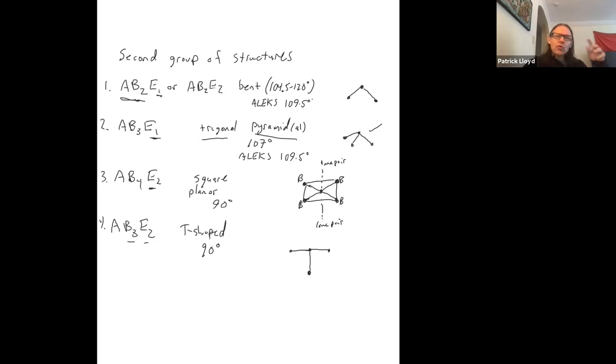If it's AB4, again, it could be tetrahedral, or it could be square planar. If it's got 2 lone pairs, then it's square planar. If it doesn't have any lone pairs, it's tetrahedral. And the seesaw is the one where you've got AB4 with E1. And if you've got 3 surrounding atoms, there's another one, which is the T-shaped.